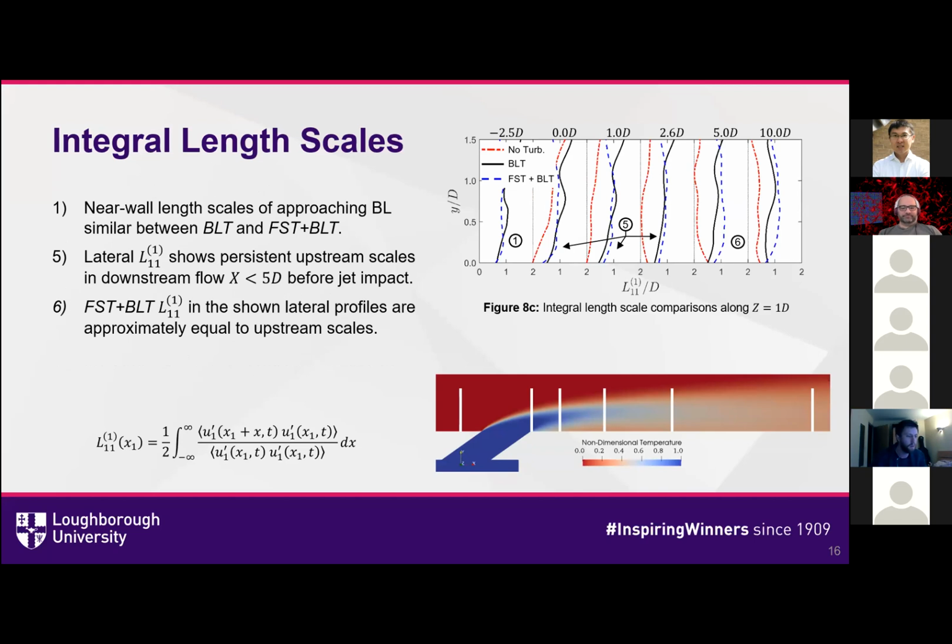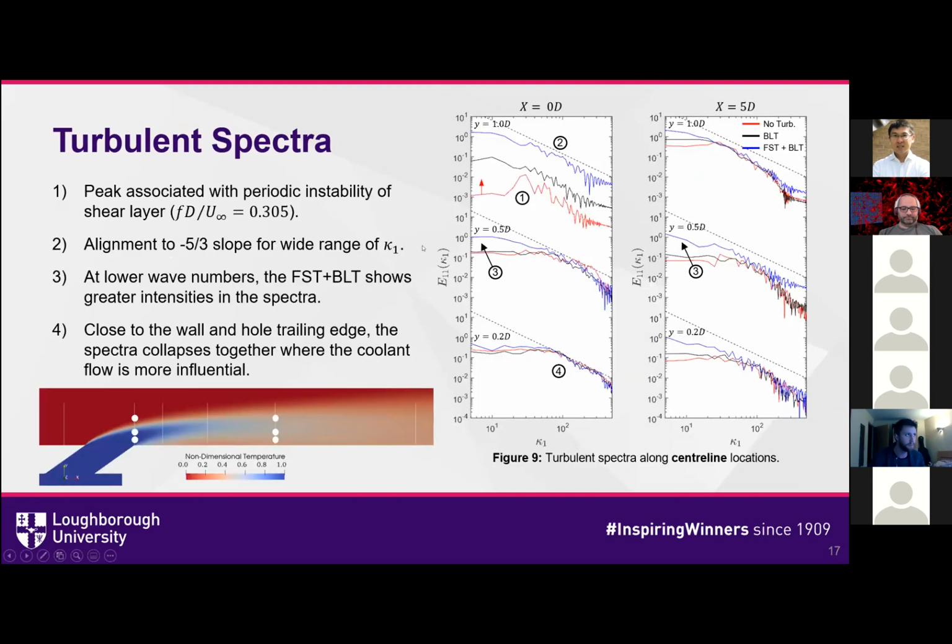At x equals 5d, the integral length scales begin to reduce for that boundary layer turbulence case as the coolant jet begins to interact with this profile. But the main message to show here is that the integral length scales that illustrate the essential scales of mixing are far greater for the boundary layer turbulence and free stream turbulence cases, and even more so for the free stream turbulence case, showing its ability to provide enhanced mixing of the hot and the cold gas.